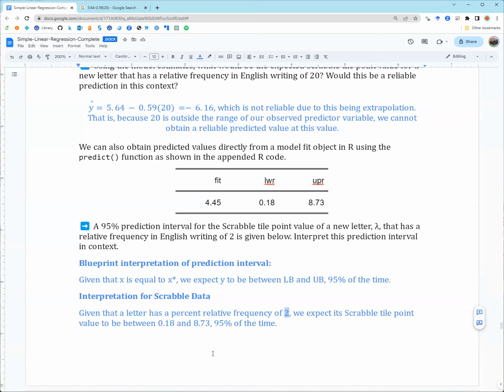It's maybe not super meaningful in this context, considering that all Scrabble tile values are between 1 and 10. So this isn't very useful. But you maybe have other contexts where a prediction interval would be more insightful, like again with the marketing analytics example, maybe you need a range of reasonable outcomes for what happens with X amount of advertising spending.